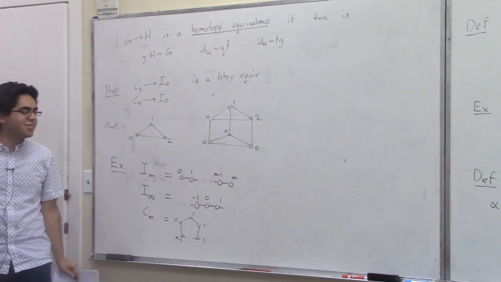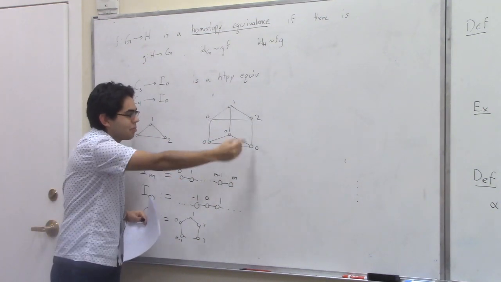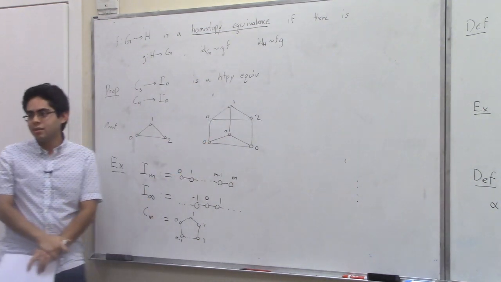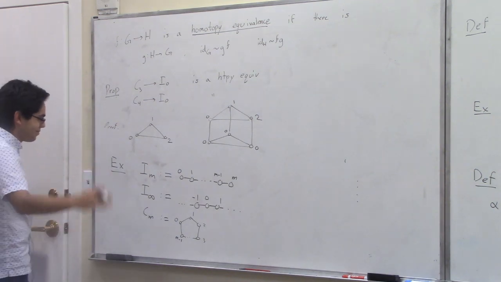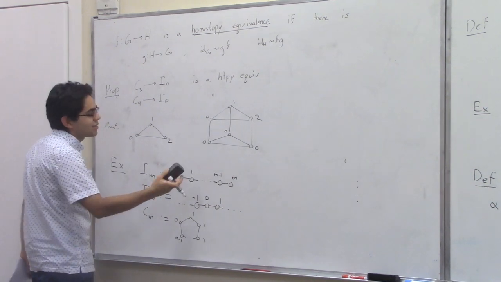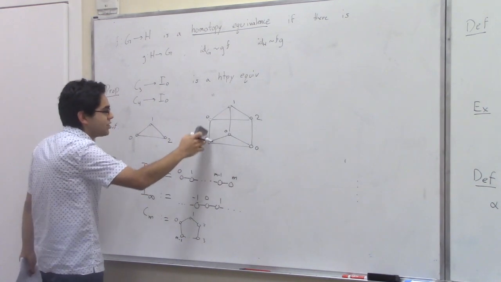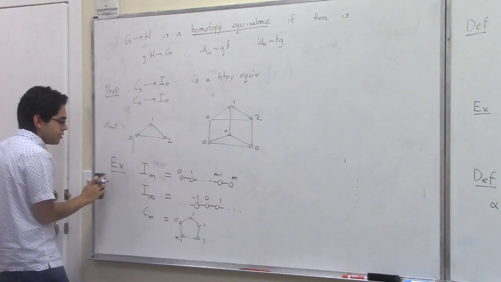That's a homotopy from the identity map on C3 to the constant map at 0 from C3 to C3. So the 3 cycle is contractible here. The thing that you need to verify is that all the edges here really correspond to edges in C3.